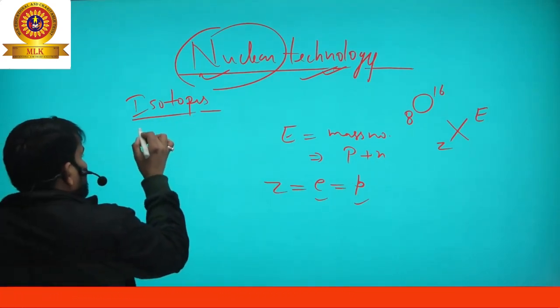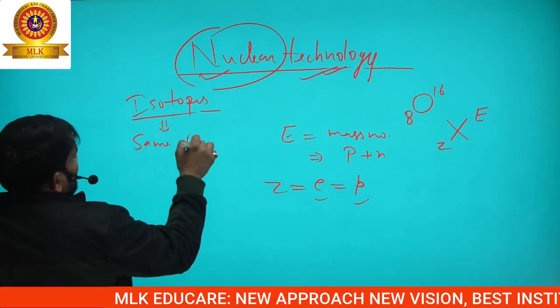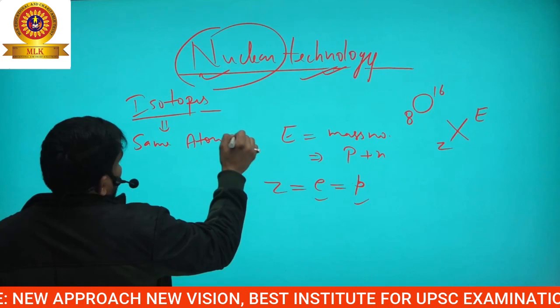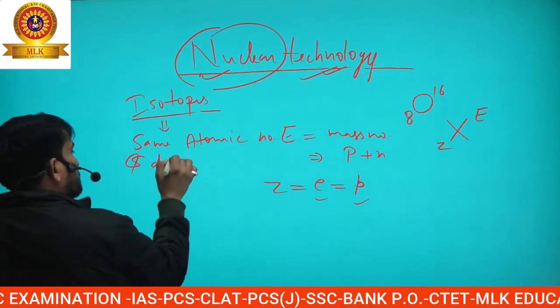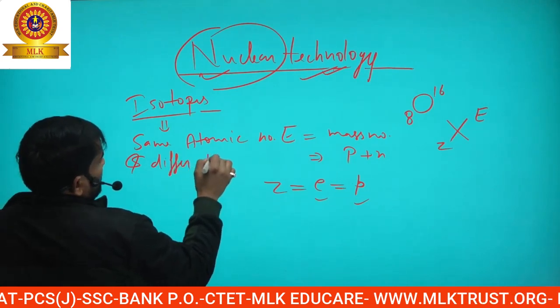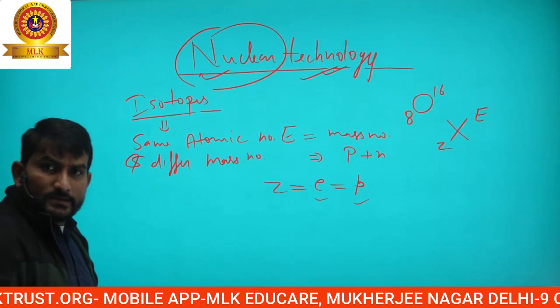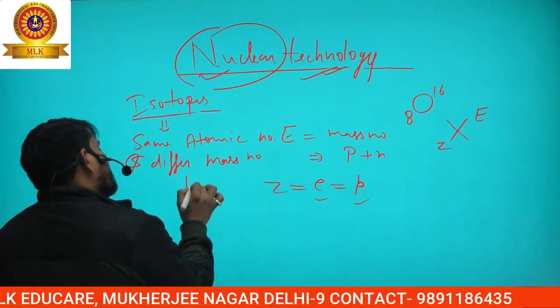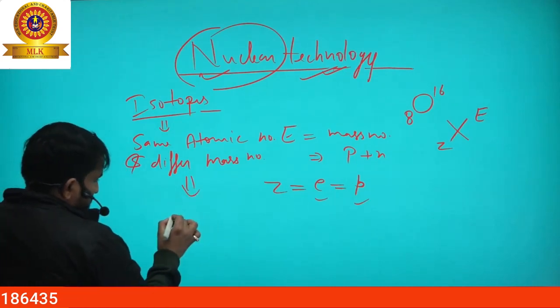That means isotopes have the same atomic number and differ in mass number.